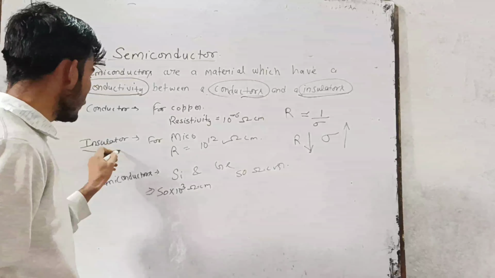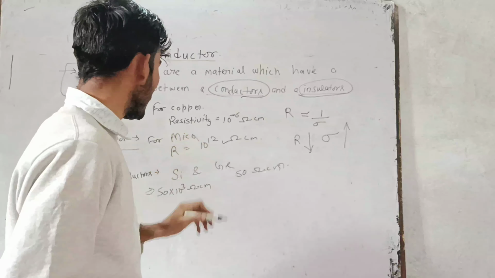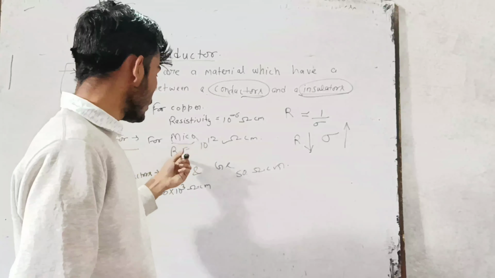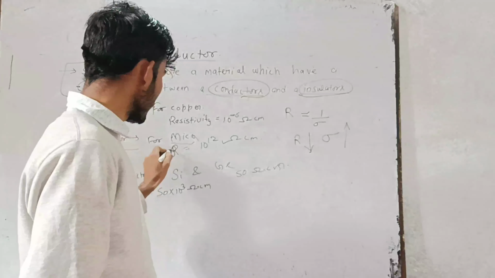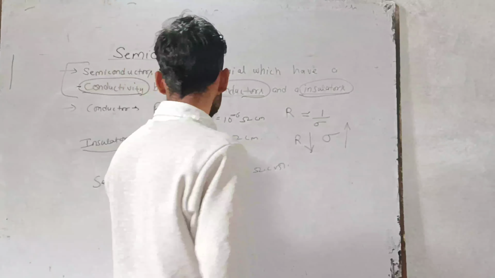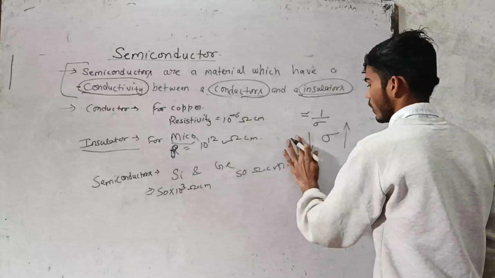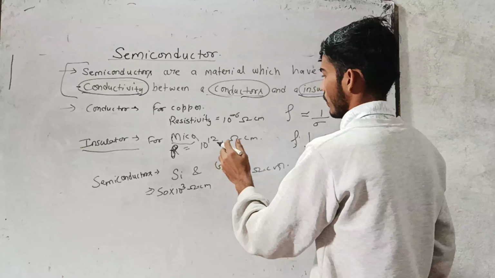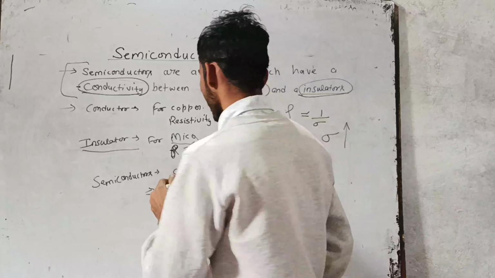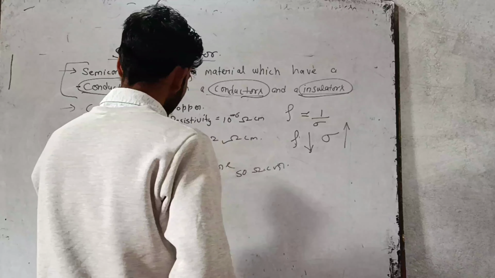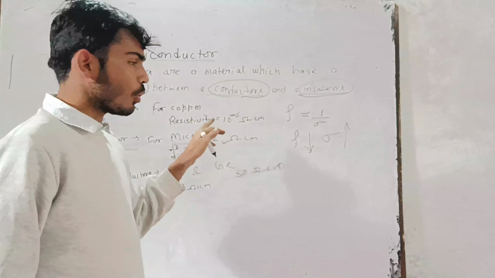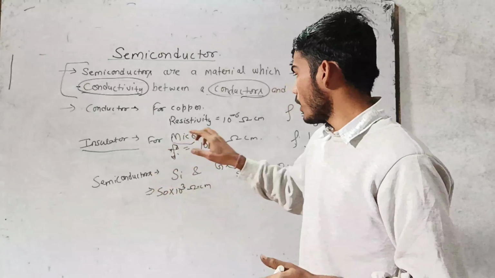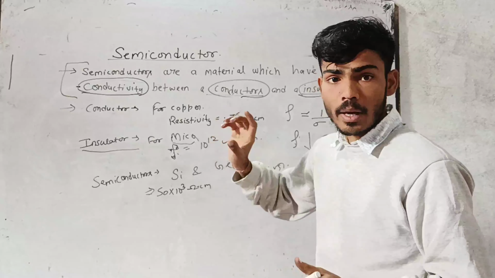Now we will see in insulator. Here I took the example of mica. Its resistivity, which can be denoted rho, is 10 to the power 12 ohm centimeter. Now you can get an idea that 10 to the power 12 is a very high value.